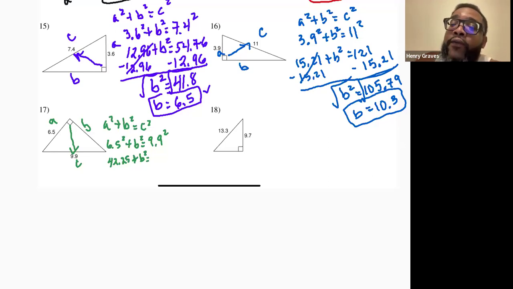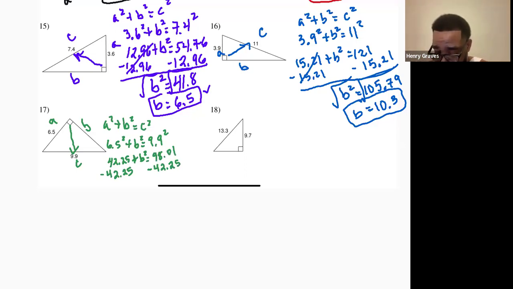I'm going to subtract 42.25 on both sides. When I do that, I'm left with B squared is equal to 98.01 minus 42.25, which is 55.76.